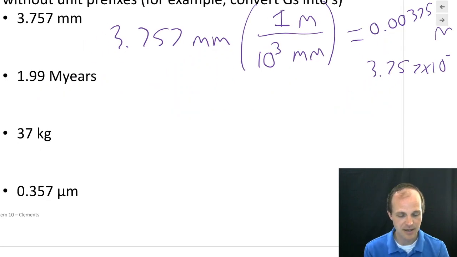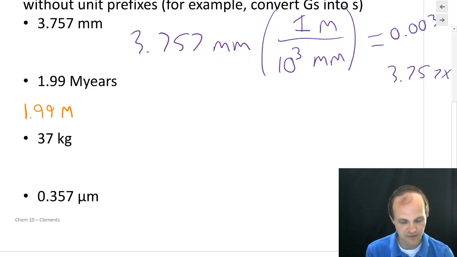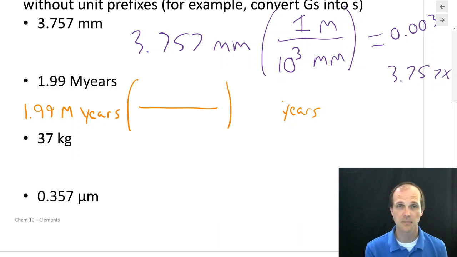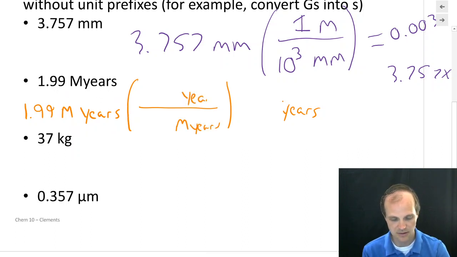We've got 1.99 mega years. And we're going to try to convert that into years because our problem was to get rid of our prefixes. What's going to go on the bottom? We want mega years to cancel, and so it's got to go down here. And we're trying to get years, so it's got to go up here.